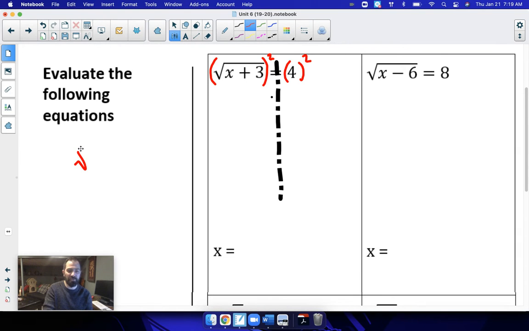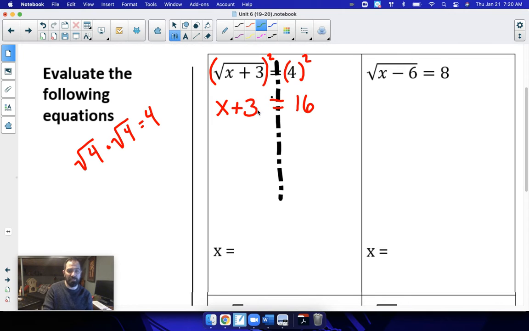Remember what we said when we did the square root of 4 times the square root of 4? That's the square root of 4 squared. All you're left with is the original number that was under the radical. Same thing here. When we square this, what we end up with is just x plus 3. You get rid of that square root, and that's going to equal 4 squared, which is 16.